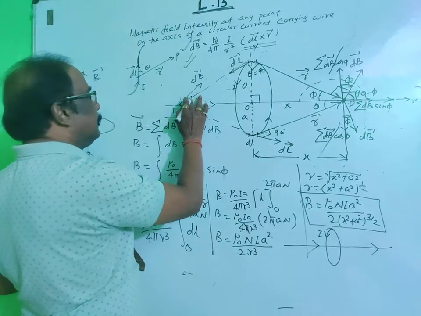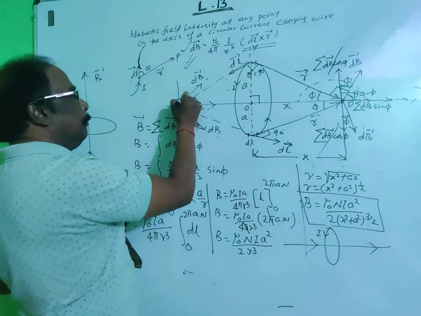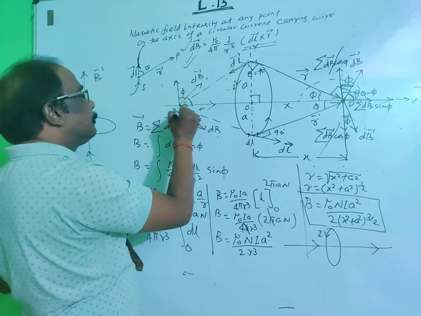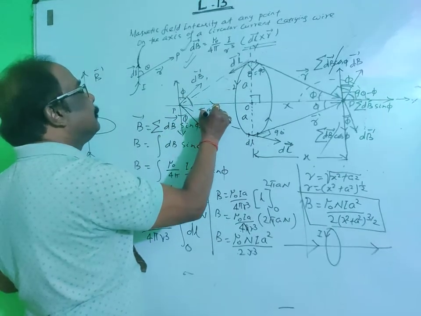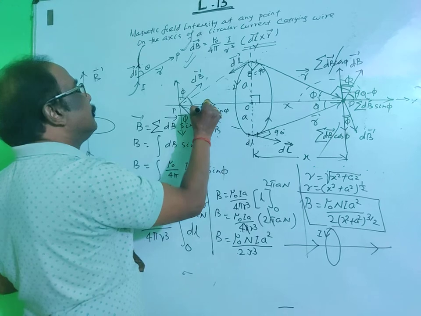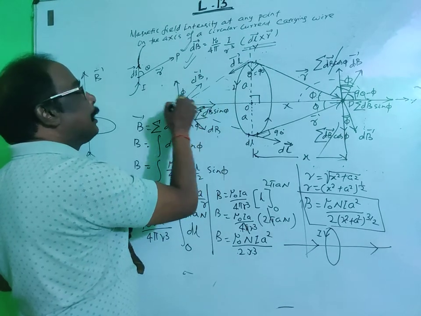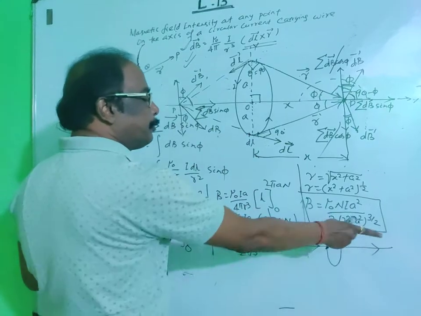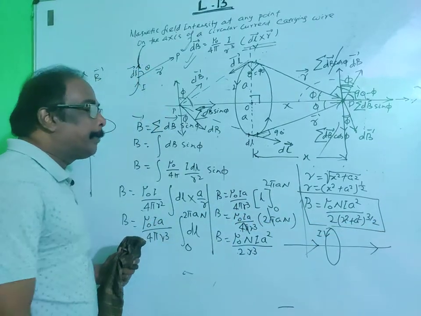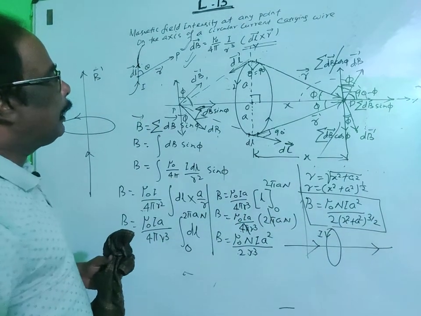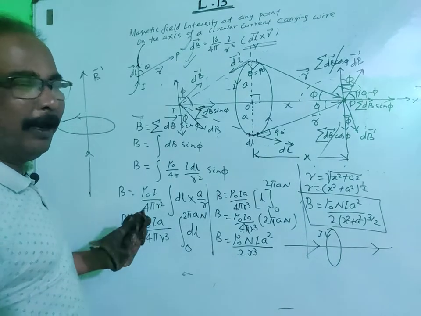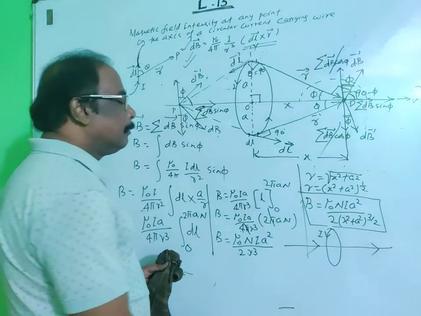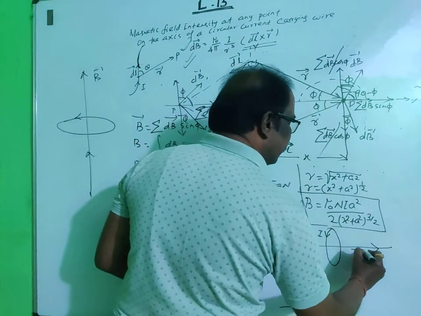This is phi, this is phi, this is dB cos phi, and this is dB sin phi. Again, the sum of dB sin phi is perpendicular to the plane, and it is along positive x-axis, which we have taken for anticlockwise flow of current. Similarly, you can decide the direction of magnetic field. This is the direction of B.